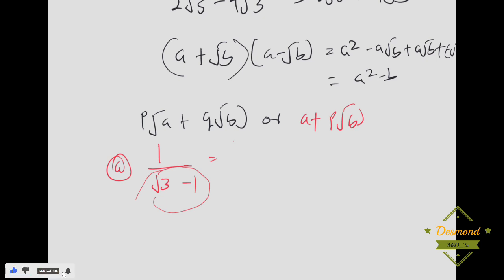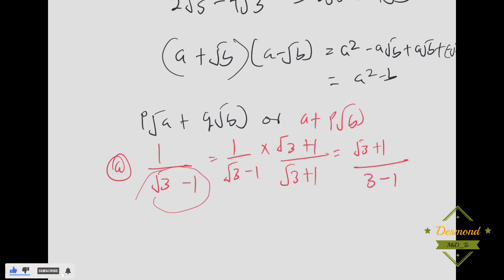Multiplying this, we have 1 on root 3 minus 1 times the conjugate, which is root 3 plus 1 on root 3 plus 1. Then you multiply, and you should get root 3 plus 1 on 3 minus 1.